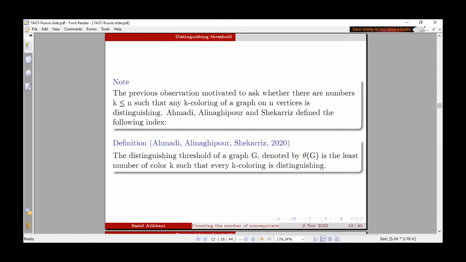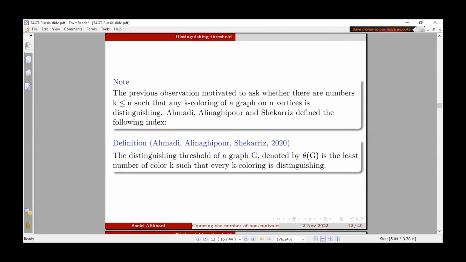By the previous observation, we can ask whether there are numbers k less than or equal to n such that any k-coloring of a graph of order n is distinguishing or not.